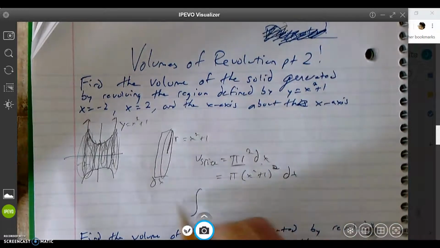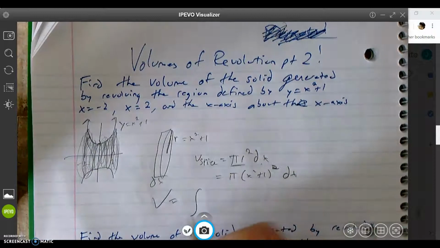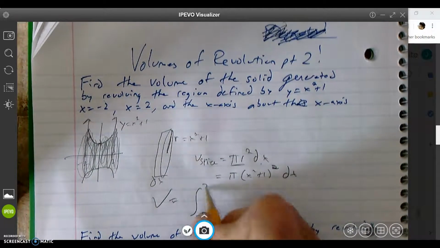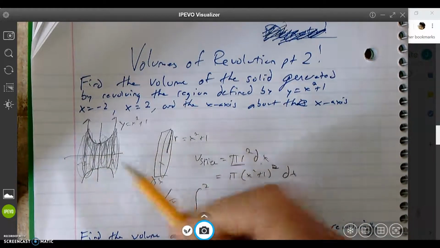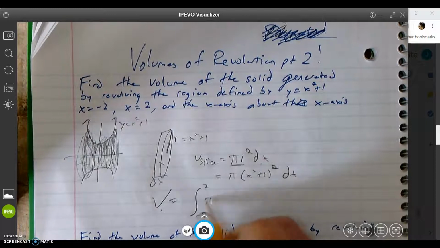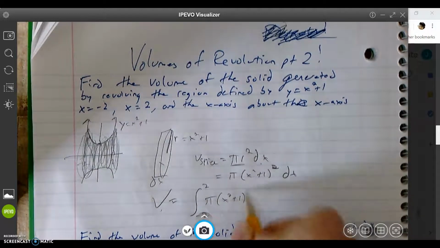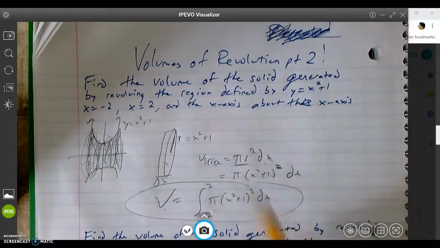And so now the entire integral, the volume of this horn-like shape, is the integral between negative 2 and 2, the accumulation of all of these disks, infinitely many, infinitely small, equals pi times x squared plus 1 squared dx. Did you get it? Yeah, I know you did. Nice job.